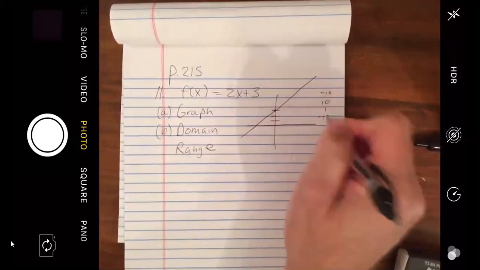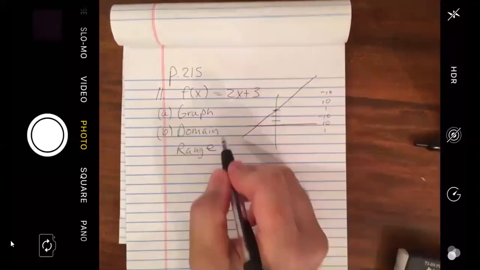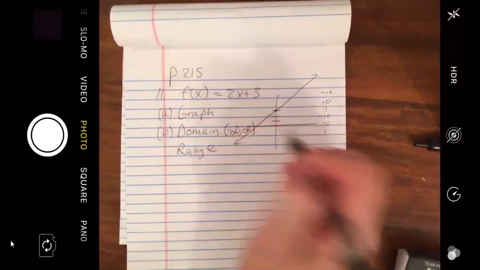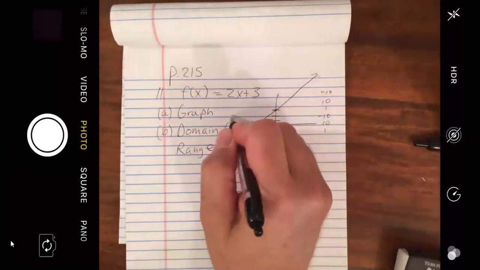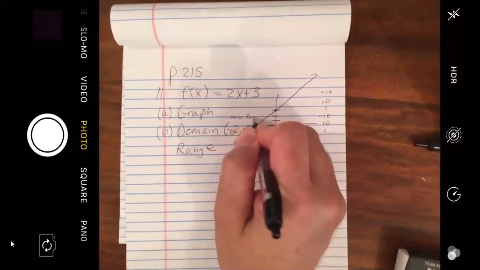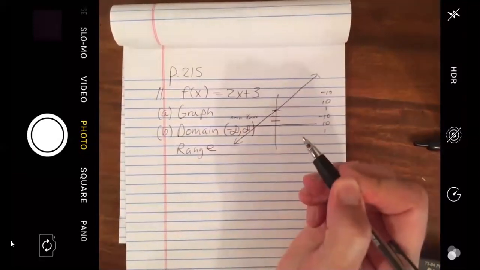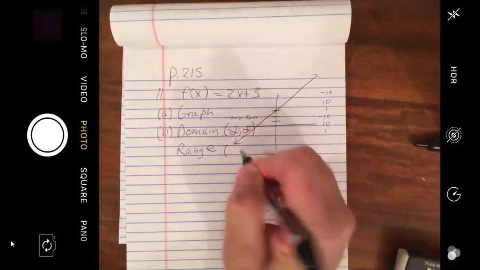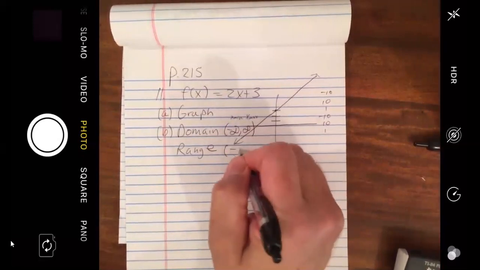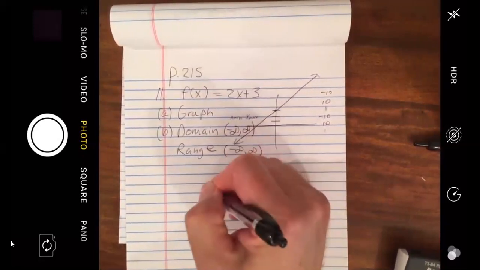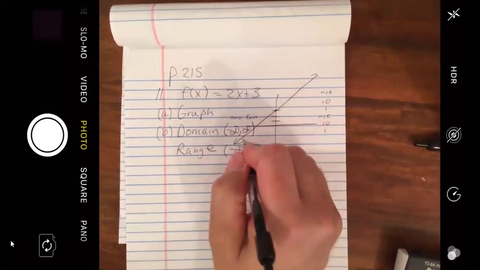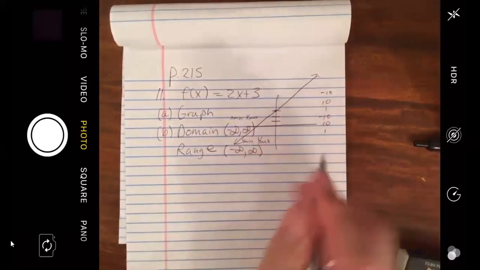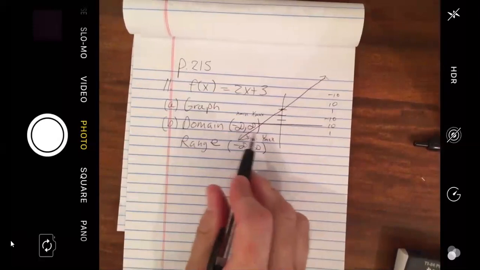But you understand when they ask for domain, these things go forever. Your domain would look like negative infinity to infinity. This is x min, x max. On the range, it's going to look identical, negative infinity to infinity, because this goes down and goes up forever, but it's y min, y max, even though they actually look identical.